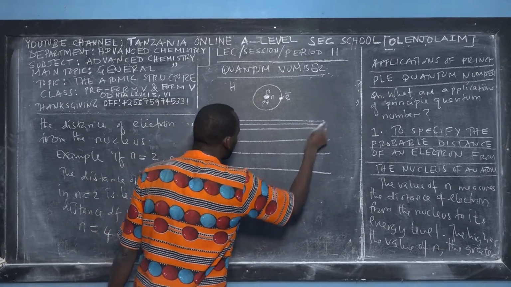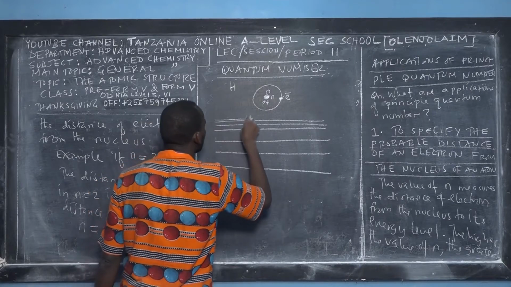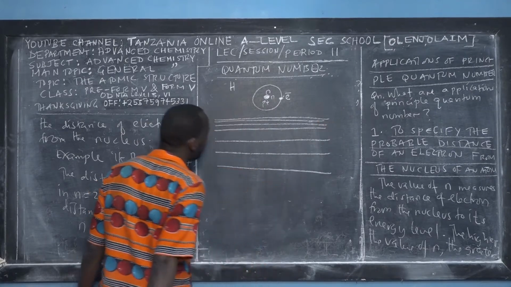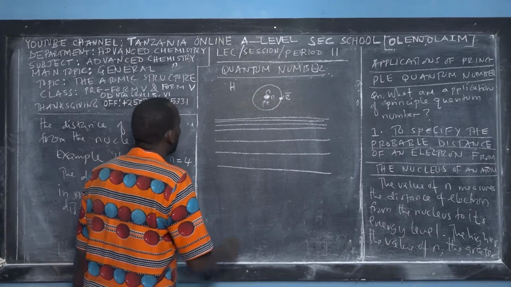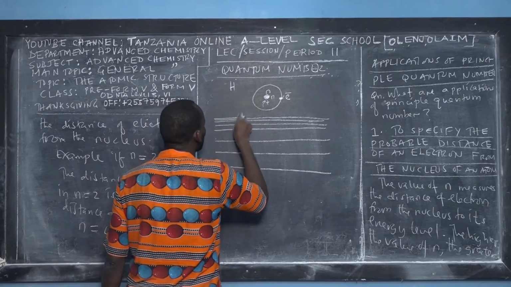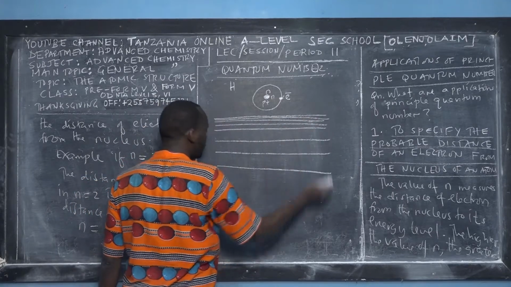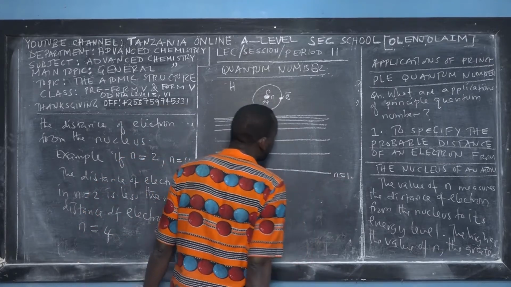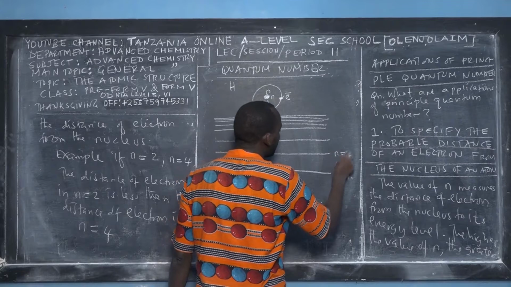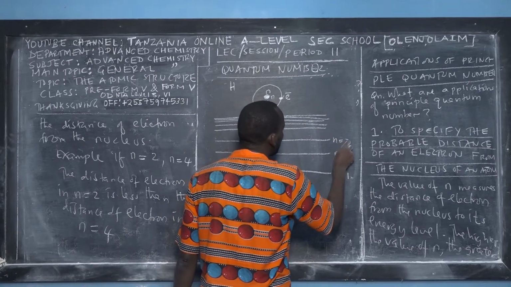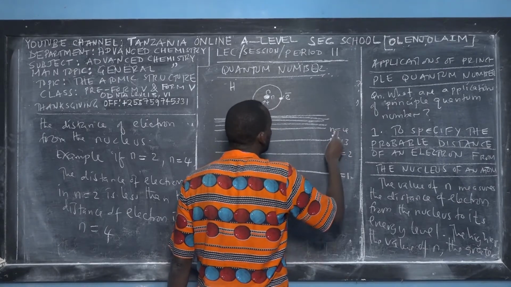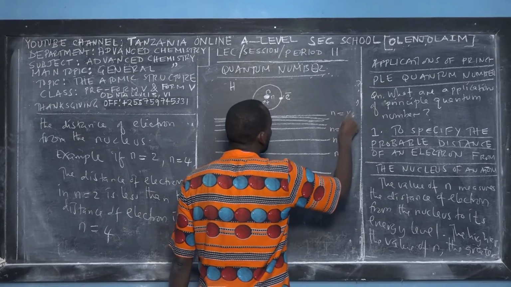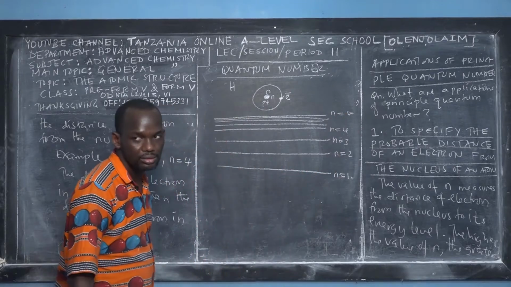For example, Bohr used experiments on the valence shell of the hydrogen atom, which has only one shell. So here we have principal quantum number 1, principal quantum number 2, 3, 4, and then up to principal quantum number equal to infinity.